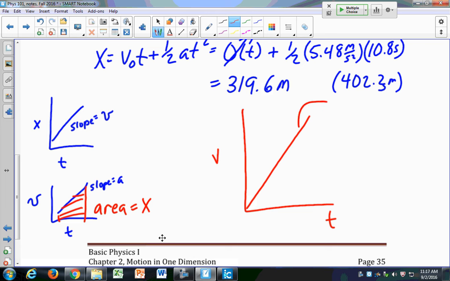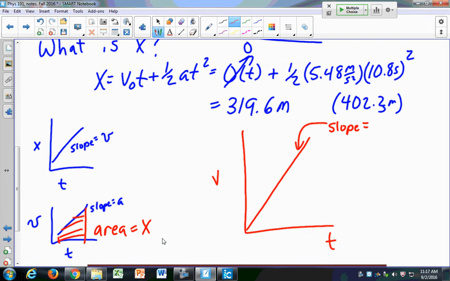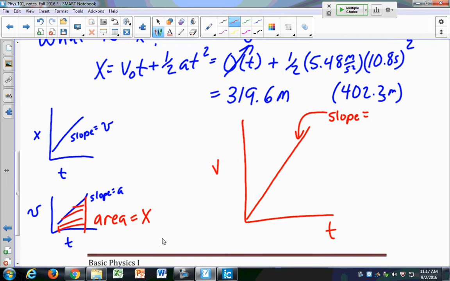It would have a slope equal to... or what should my slope be? No, not 132.3. 5.48 meters per second squared.